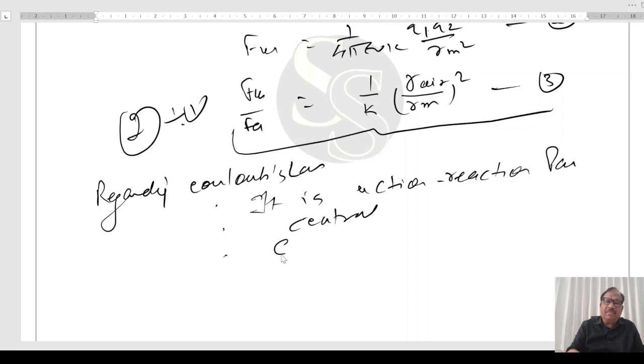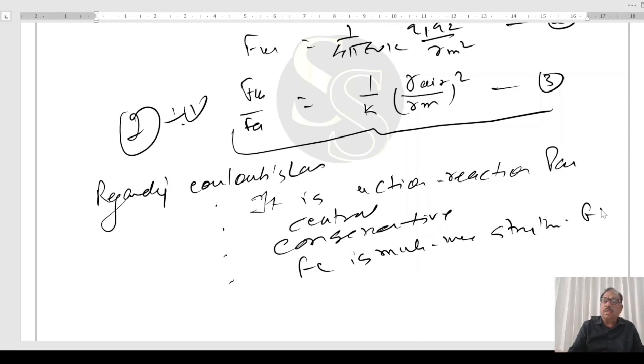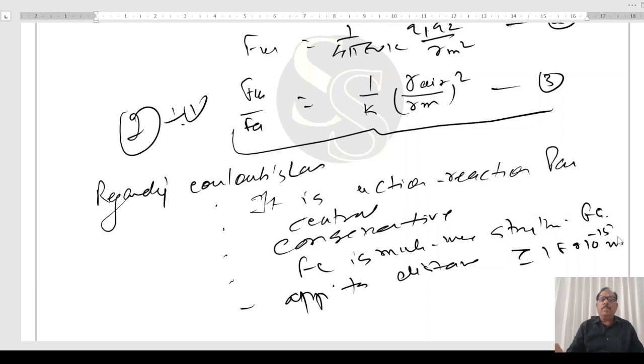Next, it is conservative in nature. Coulomb force is much stronger than gravitational force. Next, it is applicable for distances greater than or equal to 1 Fermi, or you can say 10 to the minus 15 meter. It is an action-reaction central conservative force, right?